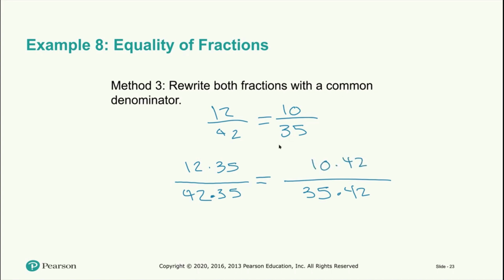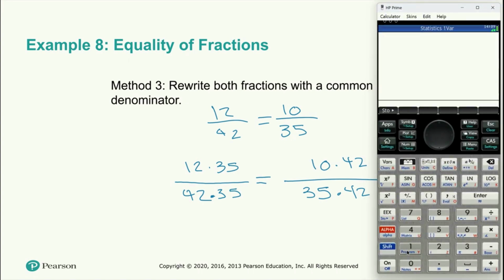So now we just go to our calculator and figure out what 12 times 35 is. And we get 420. So the first fraction is now equivalent to 420 over, now we will do 42 times 35.